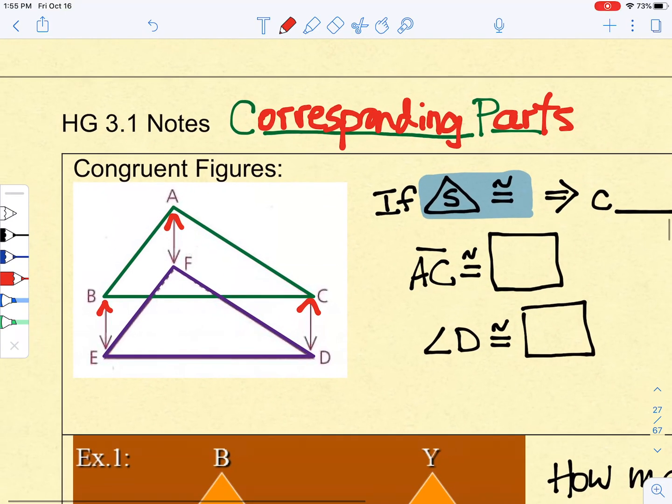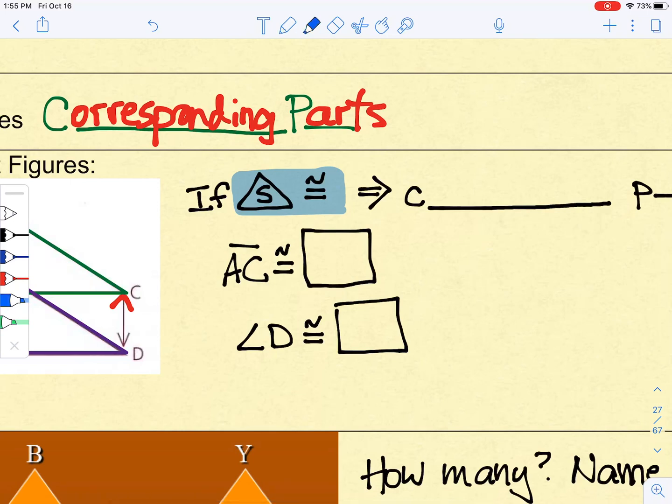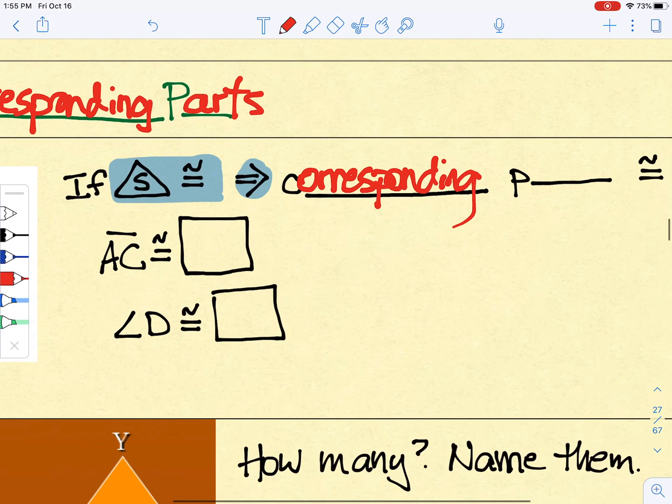So if triangles are congruent, and we are mainly talking about triangles, though this could apply to any polygon, then, don't forget about that symbol, the corresponding parts must be congruent.